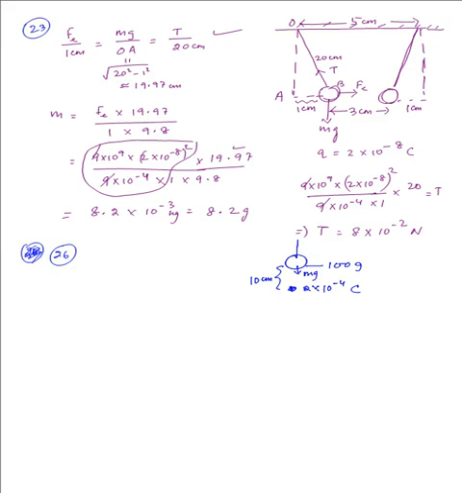And if it is given some positive charge, this positive charge will repel it, and because of the repulsion there will be a point where it balances the weight of the bob.